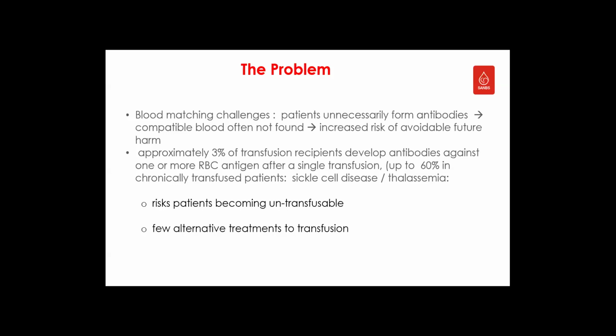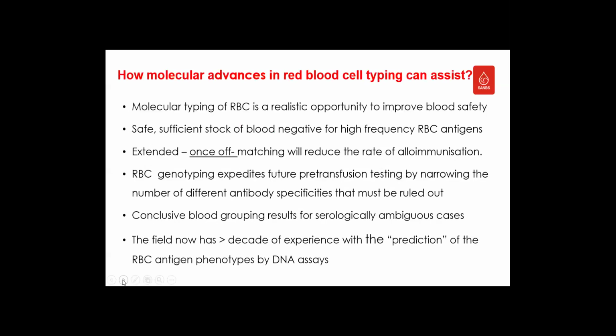Next slide. How can molecular advances in red cell typing assist? The bottom line is that molecular typing of red blood cells is a truly realistic opportunity to improve blood safety. But it really depends on having a critical mass.